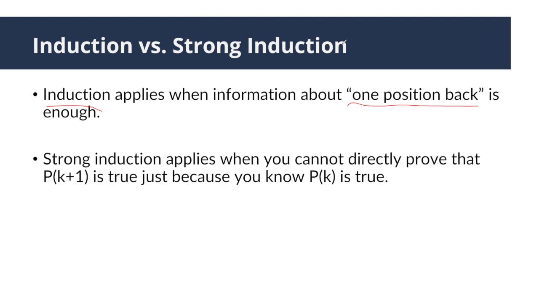And strong induction applies when you cannot directly prove that P(k+1) is true just using P(k) is true. If it's easier to prove P(k+1) is true using all the previous elements in the domain, then you should consider using strong induction.